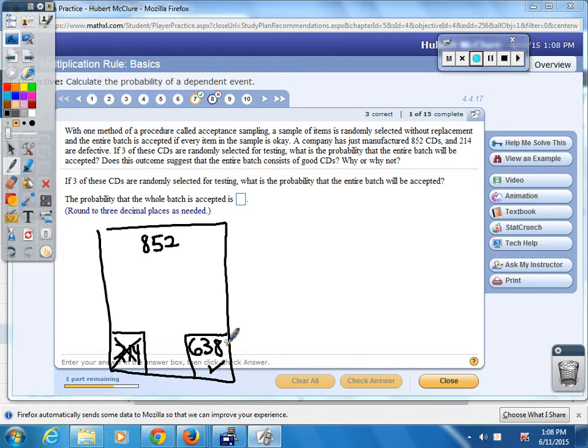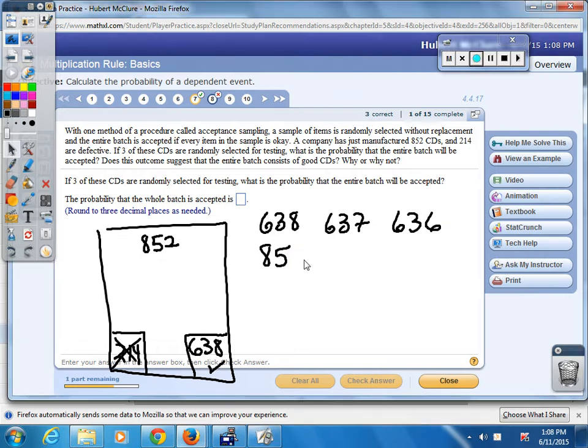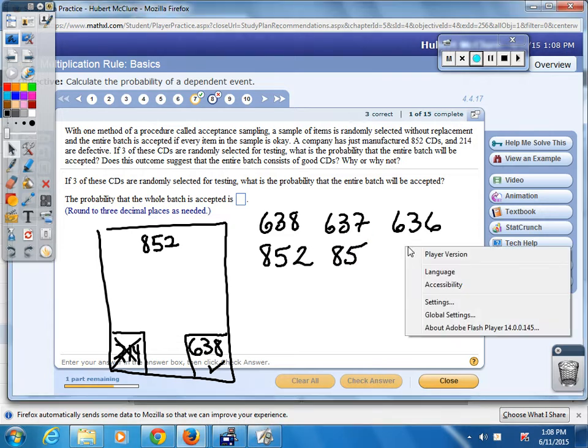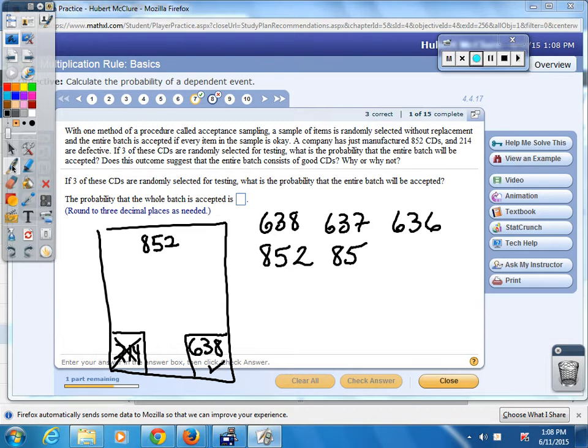And they want to know if 3, then that would be 638, 637, 636, and 852, 851, and 850.